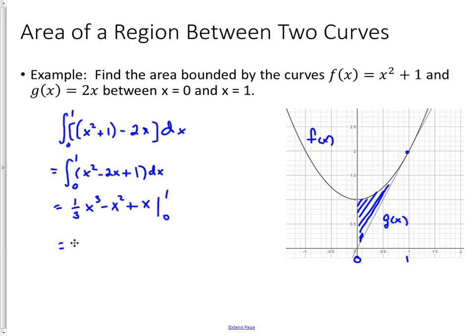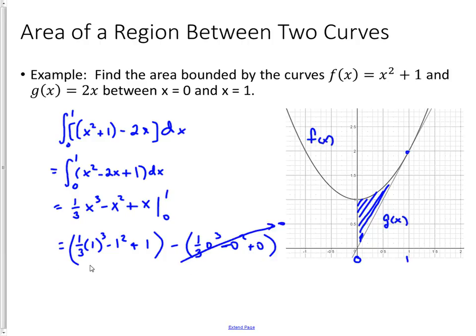That gives us 1/3 times 1 cubed minus 1 squared plus 1, minus 1/3 times 0 cubed minus 0 squared plus 0. I don't need to tell you that just goes all to 0.